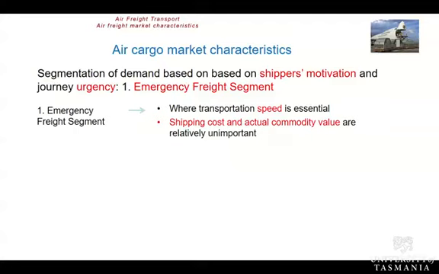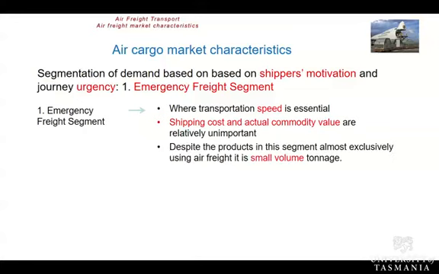They've got goods that need to get somewhere on an urgent basis. While we can isolate that group as a potential lucrative group for an air cargo carrier, relatively low volumes are going to make up that particular segment.